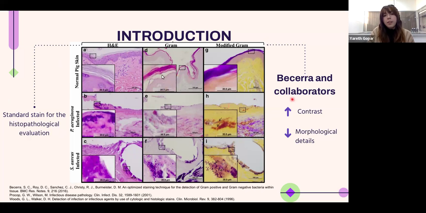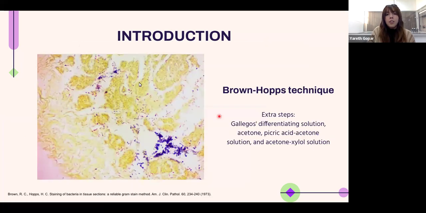For example, Becerra and collaborators modified the traditional Gram stain with a very similar approach, and they managed to increase the contrast between the bacteria and the tissues. However, the downside is that morphological details are often lost. Another modification of the Gram stain is the Brown-Hopps technique.